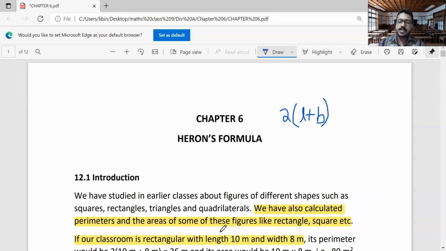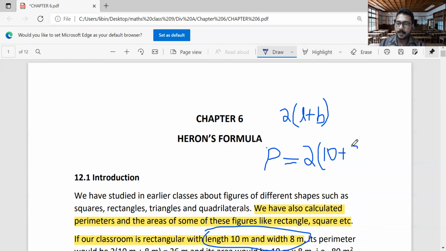We are just adding all those lengths together. So if our classroom has length 10 meter and width 8 meter, what will be the perimeter? Instead of L and B, substitute 10 and 8.